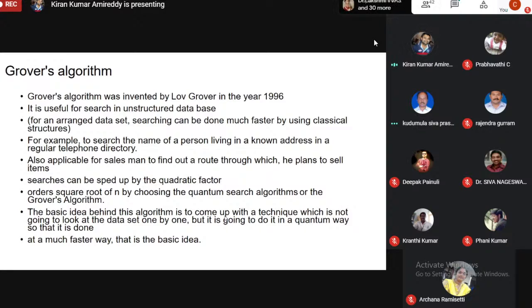What does Grover's search algorithm allow us to do, and where can we apply it? Even with classical methods, suppose we are arranging books on a bookshelf in ascending order. We can simply go and take a book whenever we want to read it.